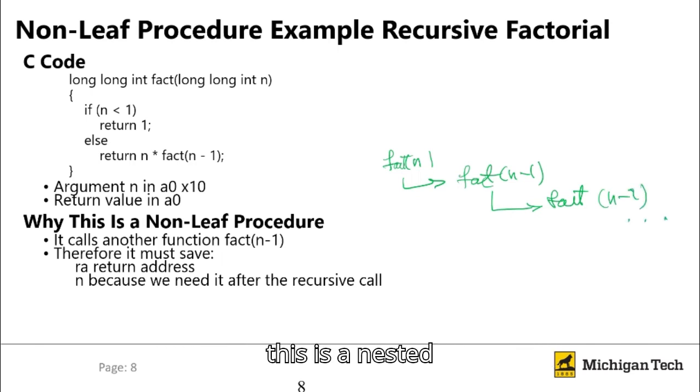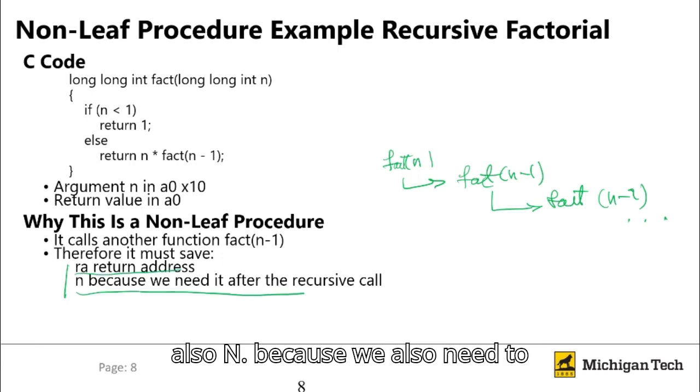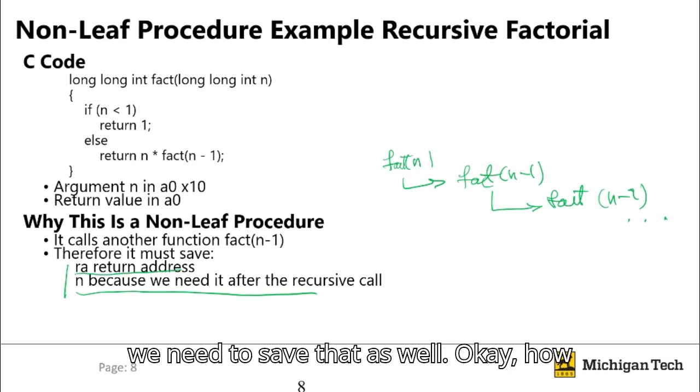So that's why this is nested calling. Therefore it must save two things. It needs to save the return address and also n, because we need n to multiply together. So we need to save that as well.